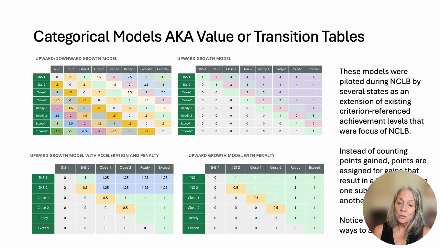These are tied to criteria, but often you have to split each of these achievement levels. Like in Arkansas, we have levels 1, 2, 3, and 4. And there are differences at those levels in terms of what they mean for that grade level and that subject. But the transition table or value table doesn't take that into consideration. So often they'll split these values almost equally at the lower and at the top.